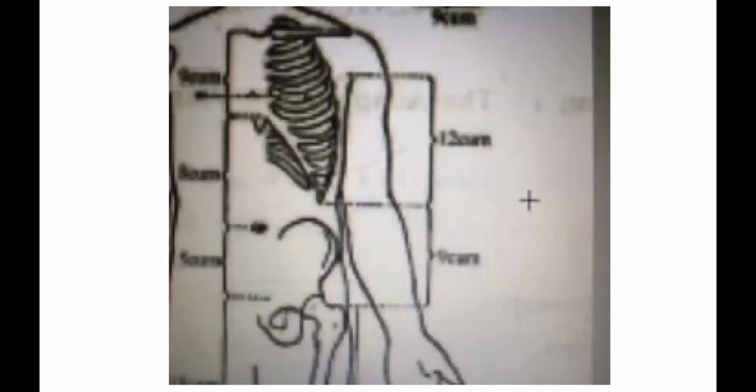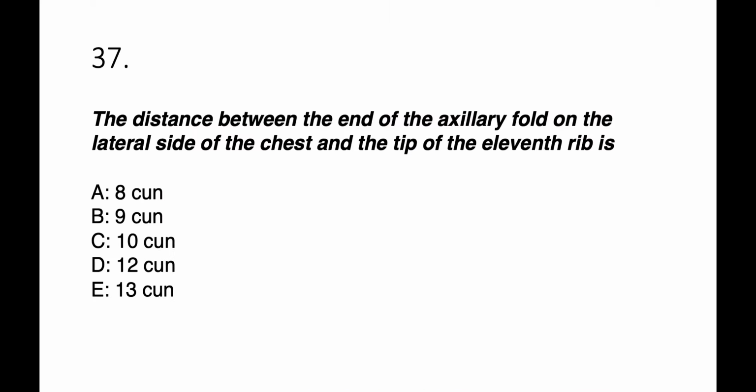Ano nababasa nyo? Nakalagay po, 12. 12? Axillary fold and 12. Oh, 12 nga. Baba na 9. Okay. From the end of the axillary fold, lateral side, and the tip of the 11th rib.